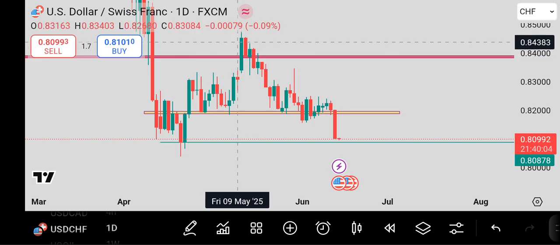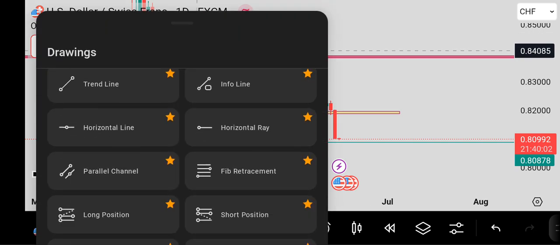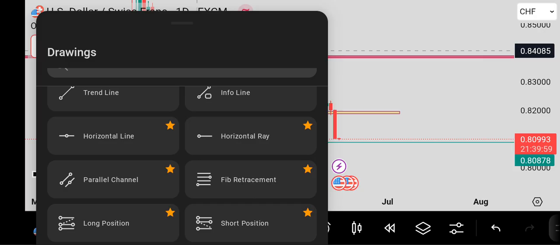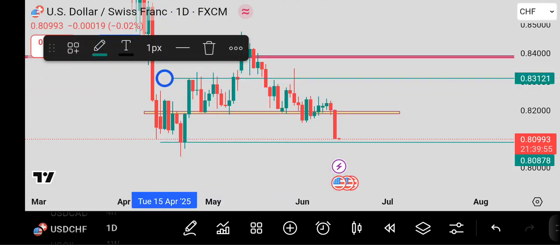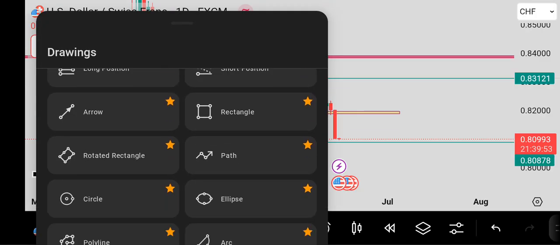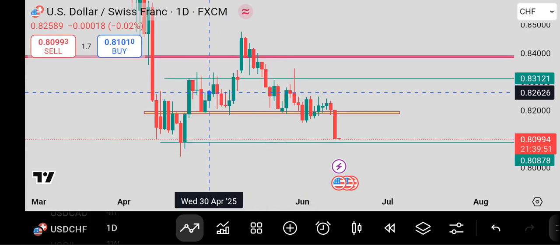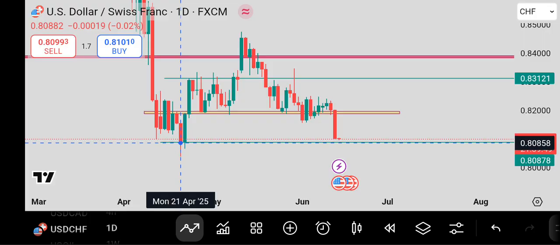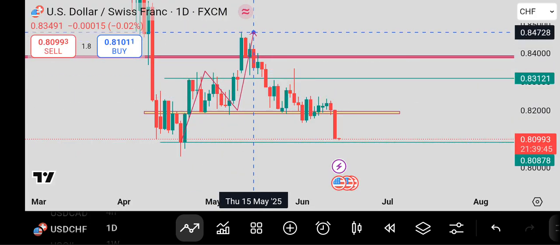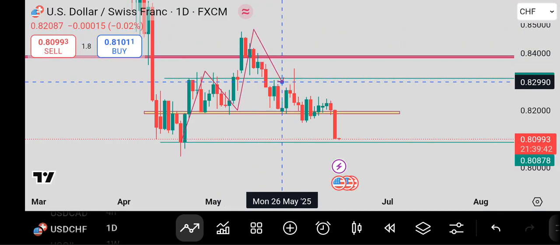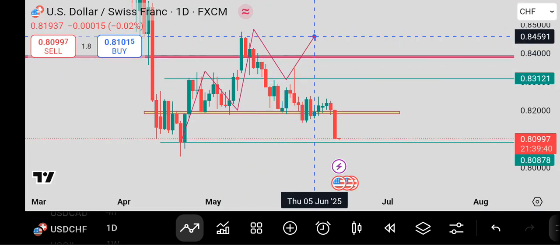Normally, the market should come and bounce from this place, and retest this very point and continue to go higher.